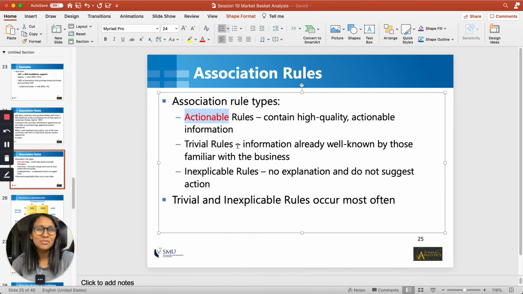The trivial rules are like bread and butter. Bread implies butter. These are things that we already know and are familiar with, and hence they do not add a lot of value. Inexplicable rules are the ones that cannot be explained and need further explanation. Most often we find trivial rules and inexplicable rules. What we are really looking for is actionable rules.